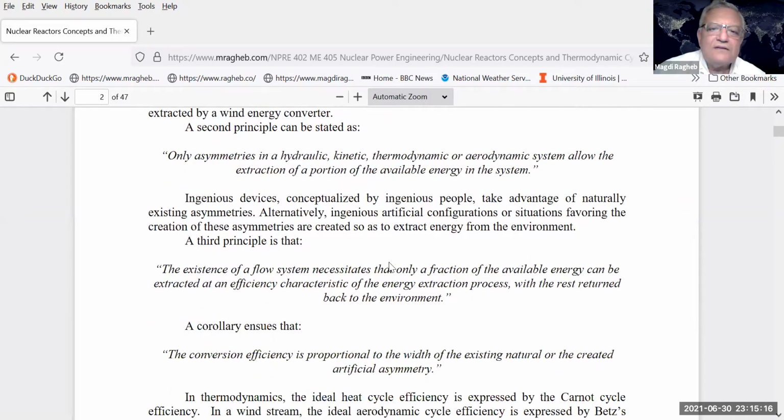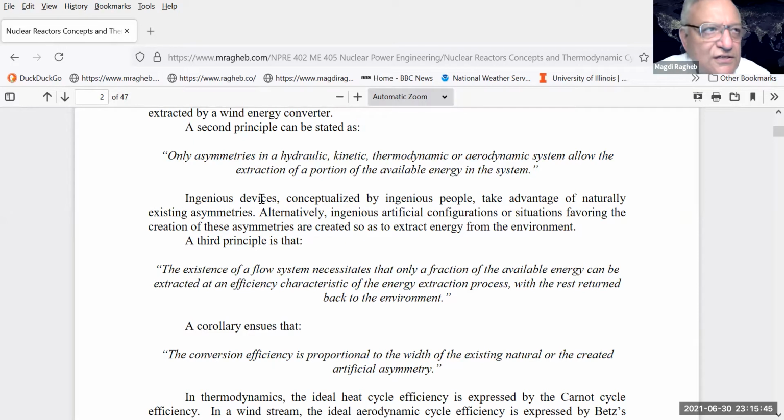asymmetry. And you must have the asymmetry in a hydraulic system. It could be kinetic, it could be thermodynamic or aerodynamic. Basically, that asymmetry allows you only to extract a portion of the available energy in the system. And ingenious devices built and designed and operated by engineers.